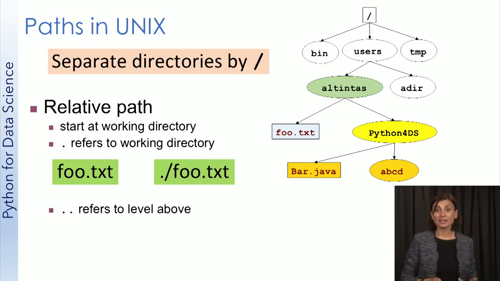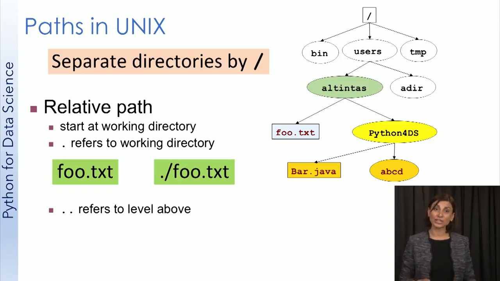Now let's say I'm in the working directory Python for data science. Python for data science is shown in yellow here, and I'm in it as the working directory. I'm trying to access foo.txt under altintas.